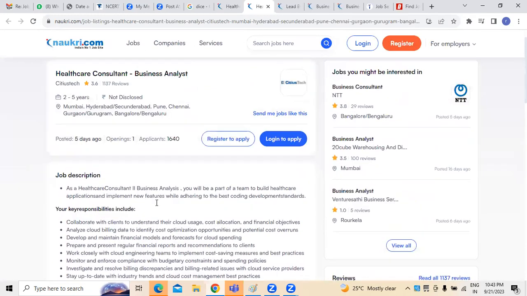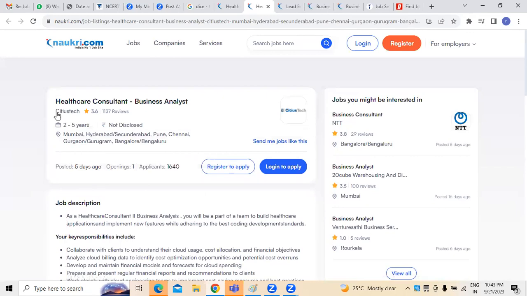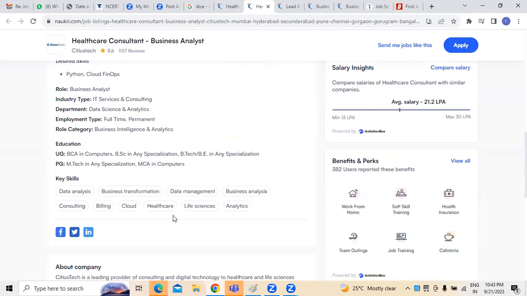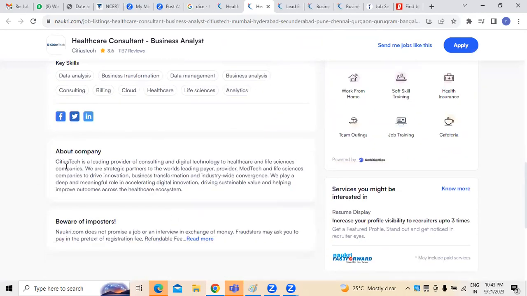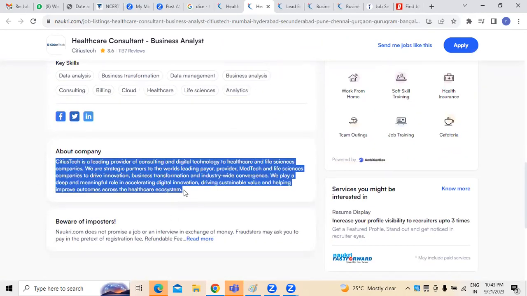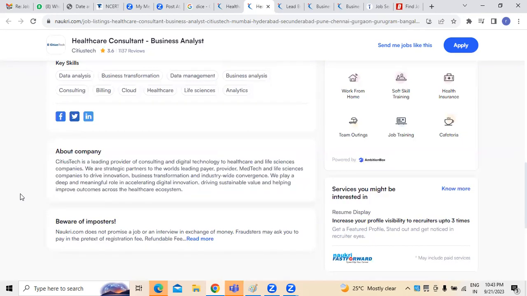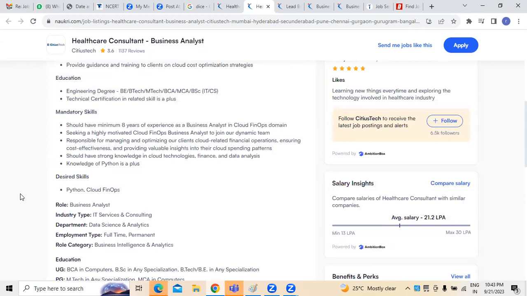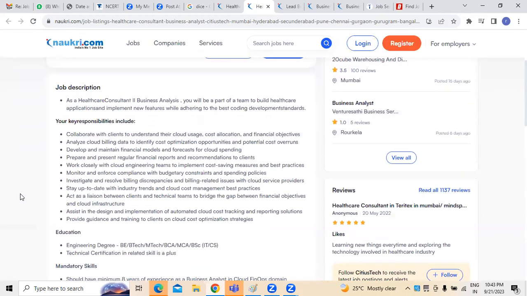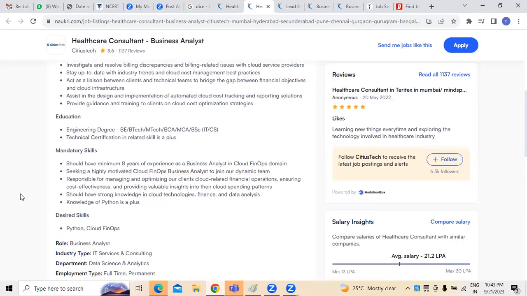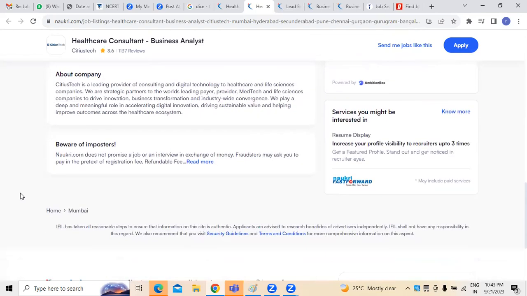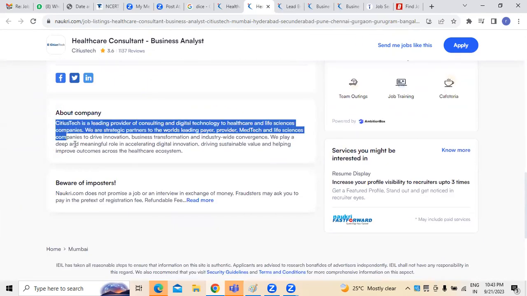Now if you see, this is an organization, and the company details were mentioned here. Whenever you are trying to apply for jobs or search out the opportunities, before you go through the job portal, the mandatory skill sets, job description, etc., it is always important for us to study the company, madam.